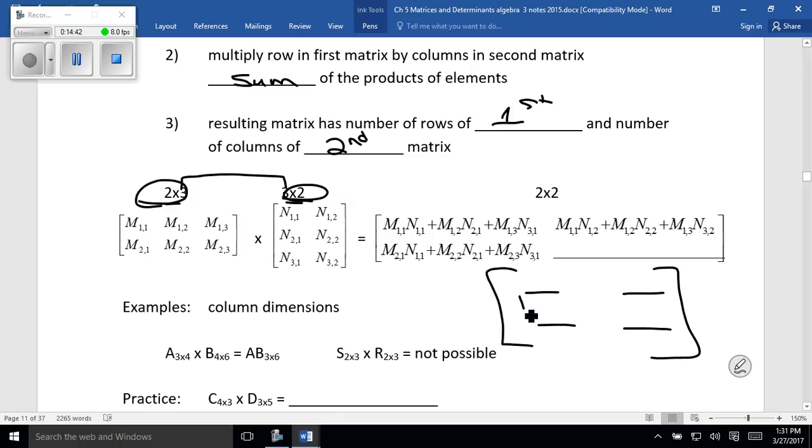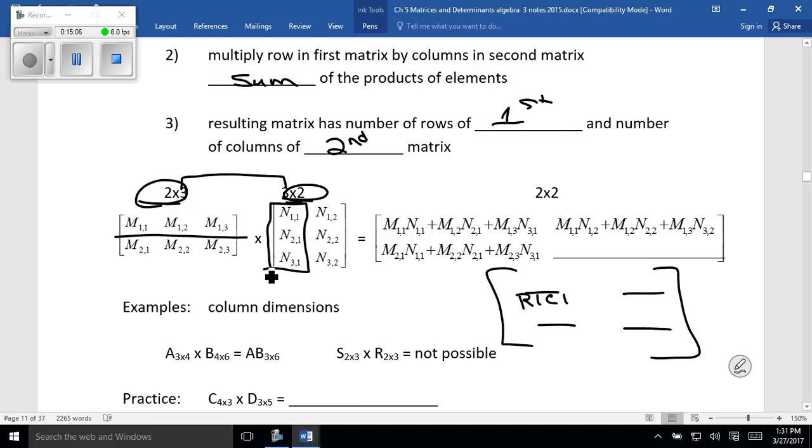Row 1, column 1. If you know the position, you know what to multiply. So I'm going to multiply row 1 by column 1. Good so far? I'm going to take this row by this column.